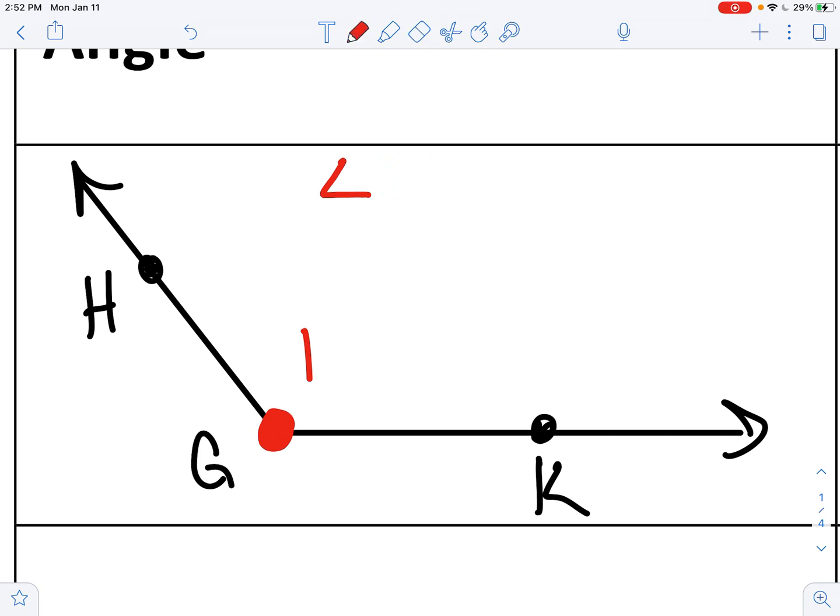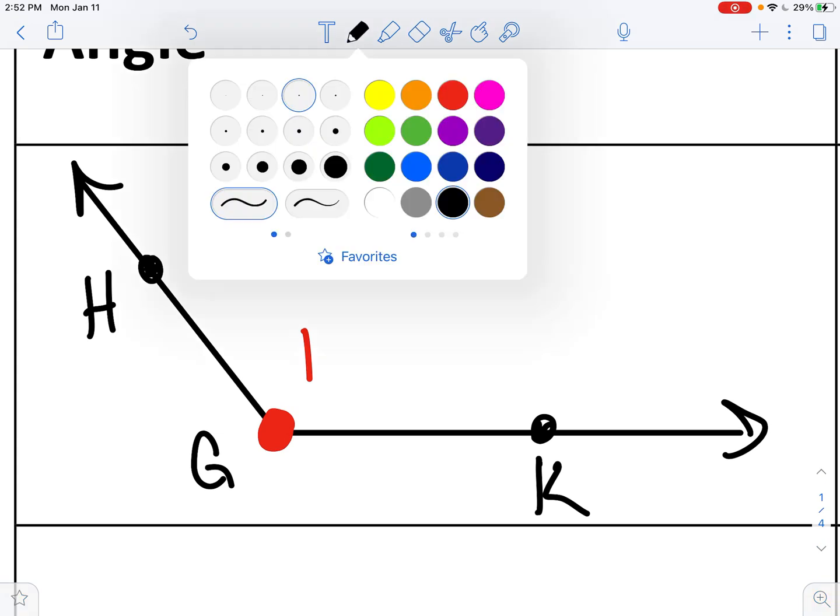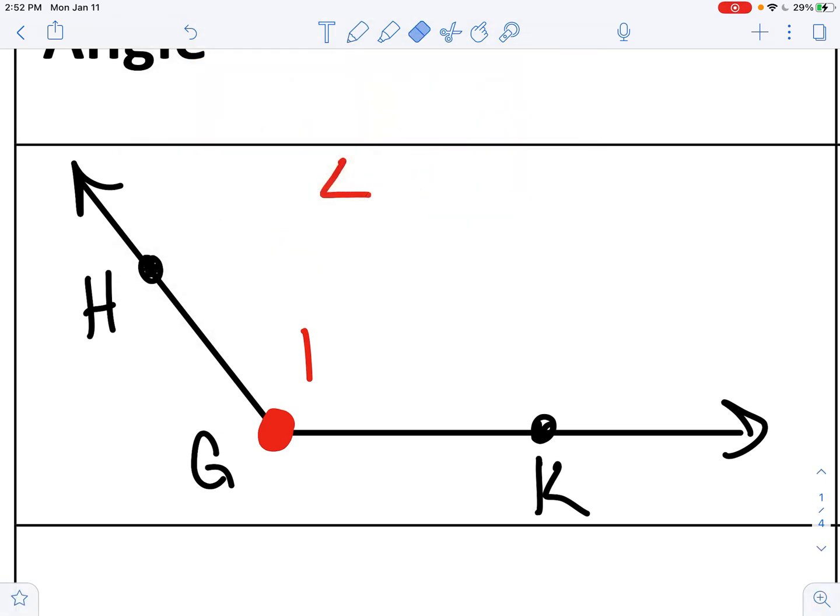Now if your angle's all alone like this, there's no other angle attached to it, just two rays sharing a common vertex, I can name this angle angle G. Now if there were another ray, maybe a ray coming out this direction with a B on it, I couldn't name that angle G anymore because I'm not sure which one of those three angles is angle G. But if it's by itself, then I can name that angle G. And our last name I could give this, if you notice we have a number here, I could name this angle 1.